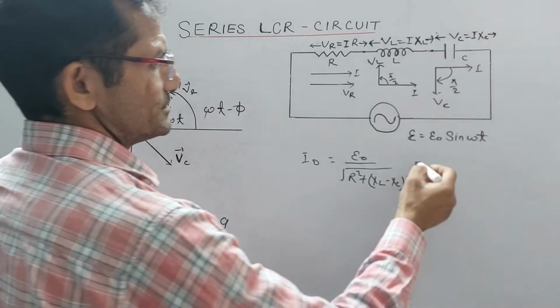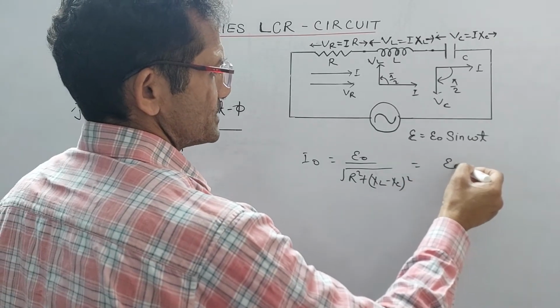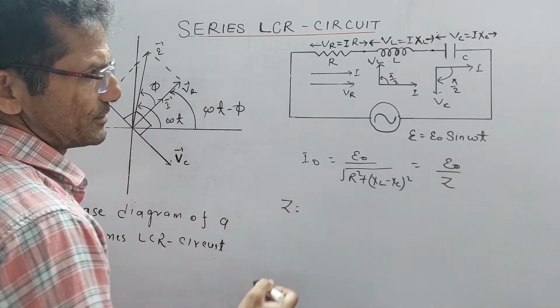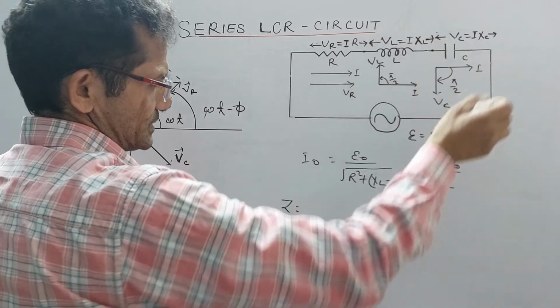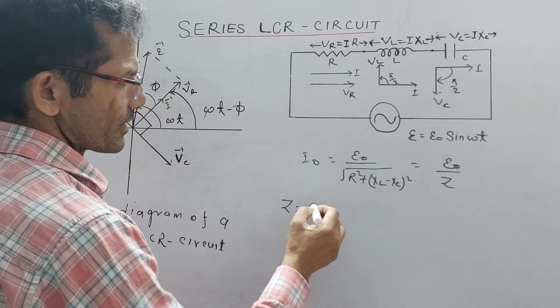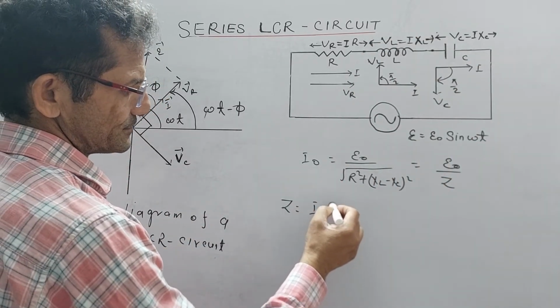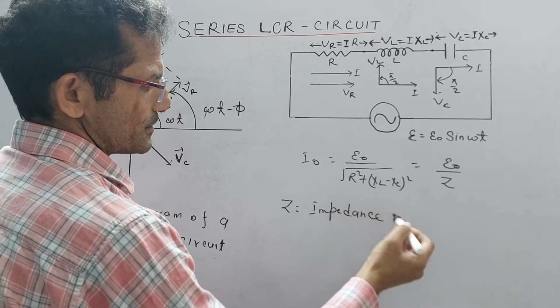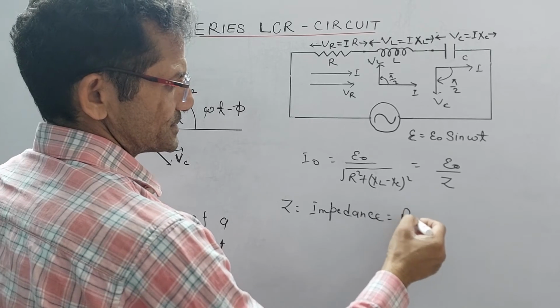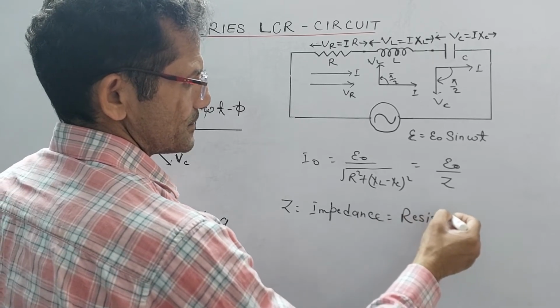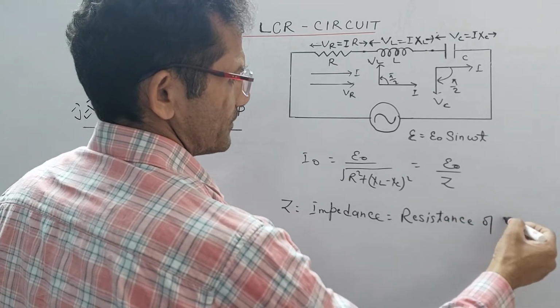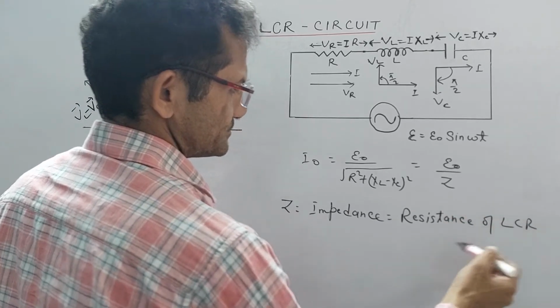Now this value becomes E naught divided by Z. So this is the impedance, or I can say the resistance of the LCR circuit. This is known as impedance or resistance of LCR circuit.